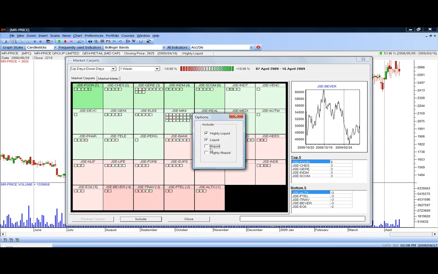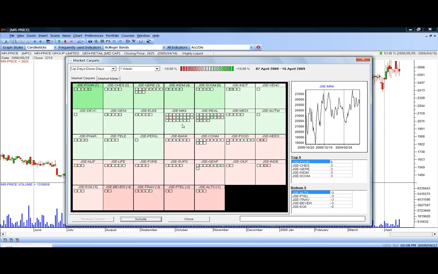My recommendation would be to keep illiquid shares right out of the equation as well, and especially highly illiquid shares. Use it, study it, and I can assure you it is an enormous help to any investor who wants to either look at the opportunities for picking up shares that have declined heavily, or picking up shares which are moving upwards.